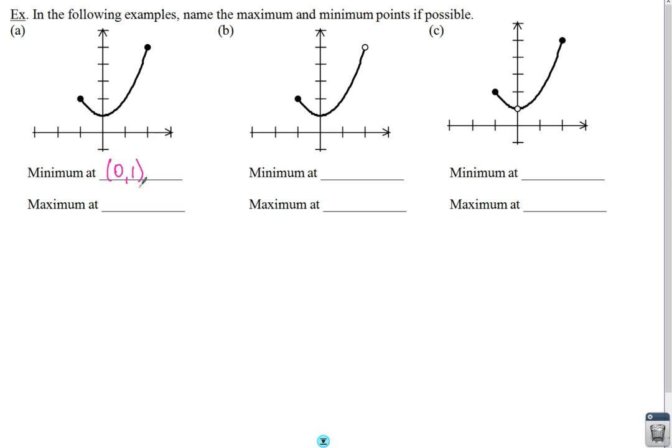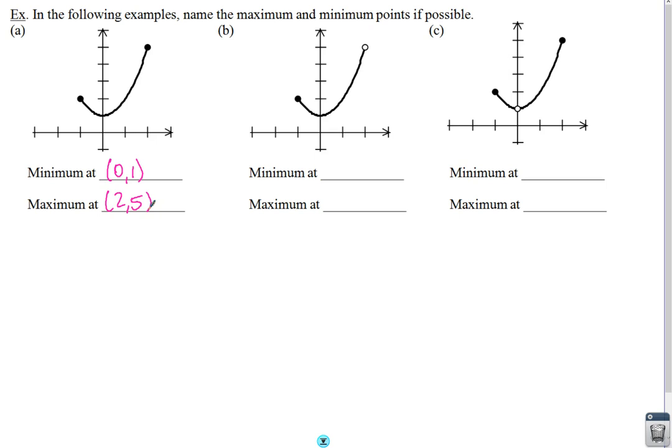Now notice, did they specify absolute or local? No. If they don't specify, it's understood that they want the absolute minimum value of the function or the absolute maximum value. If we wanted relative, we would be much more specific. But if we just say minimum, we are technically talking about the global or the absolutes. So this function, the absolute maximum, would be at the point 2, 5.